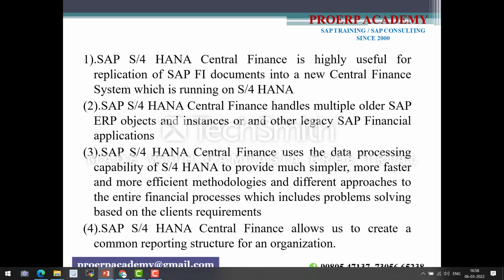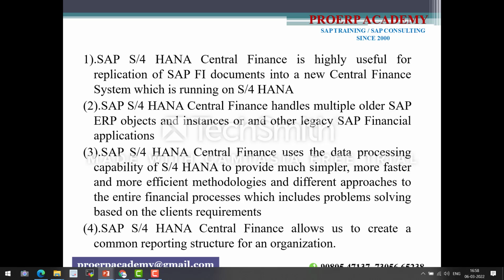We have discussed very clearly the different sets of configurations under AR and AP of the SAP FI system, namely dunning procedure configurations for customers under the AR process, interest calculation program configuration for customers, automatic payment program configuration for customers, and also withholding tax for customers in our traditional SAP FI system.